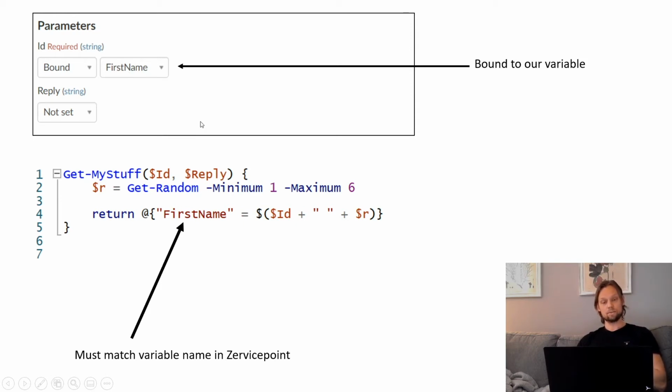So in code, we have ID here, and then we just get a random number, and we return a hash table with the first name property, and that name needs to match the variable name in ServicePoint. And then we just take the ID, that's the first name, that's the variable value that we got from the workflow, and we put the random number on the end.